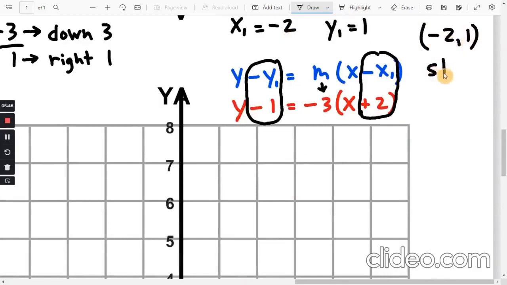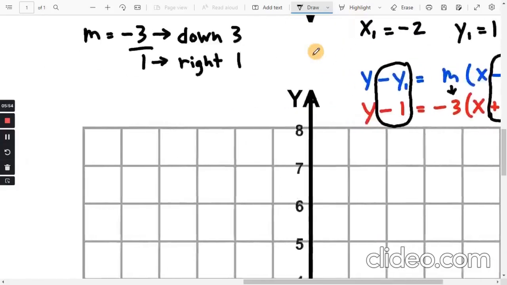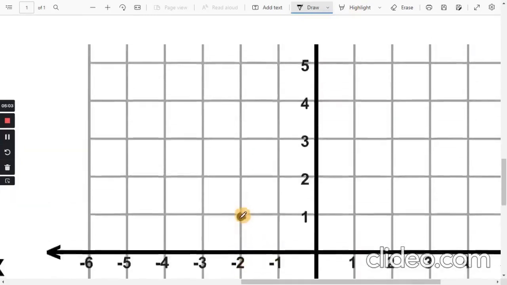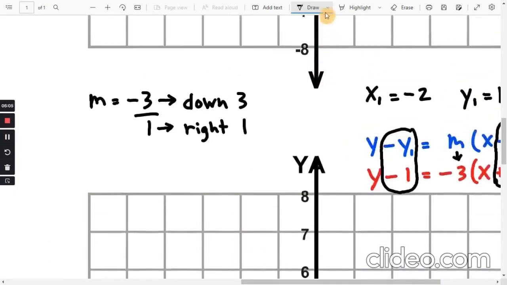We're going to start at that point. Okay, so let's go to negative 2 on the x and 1 on the y. All right, negative 2 on the x and then 1 on the y, and that's your starting point. And then after that, all you have to do is apply the slope.